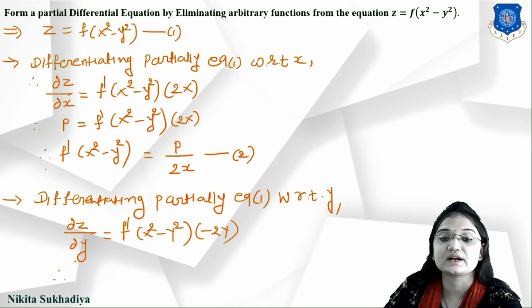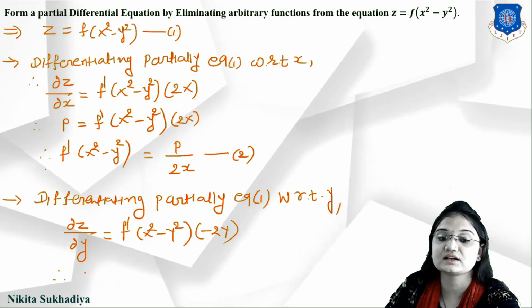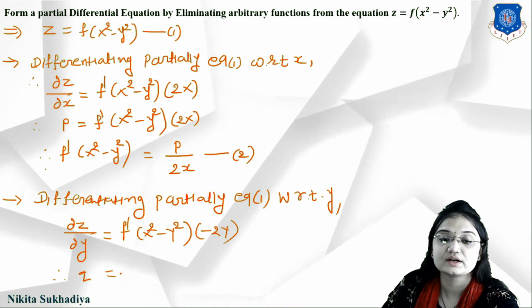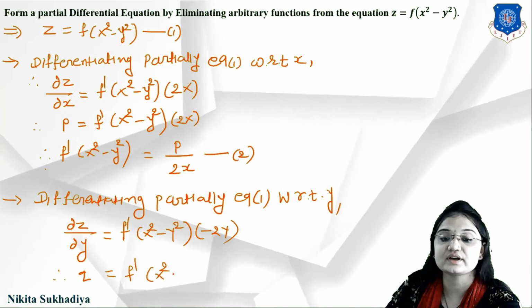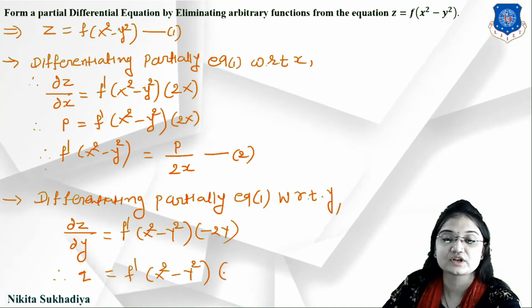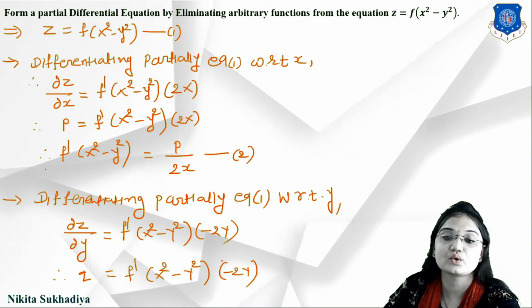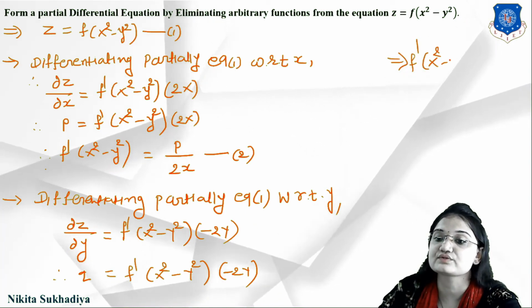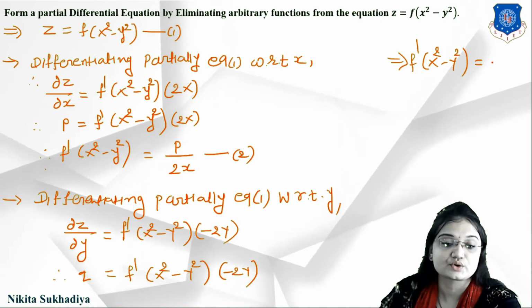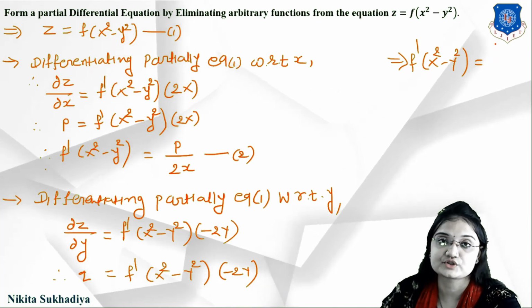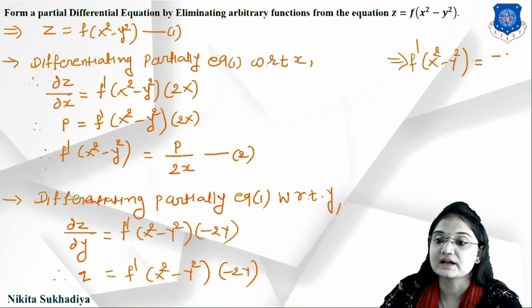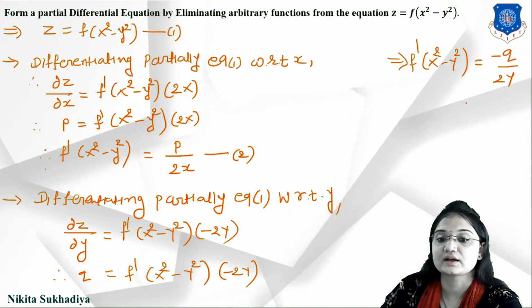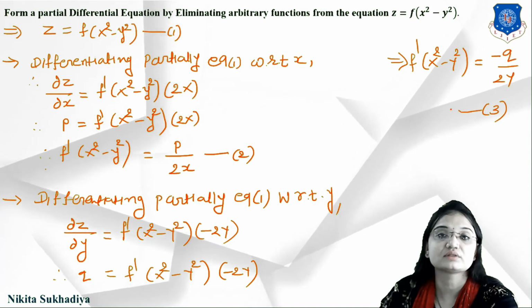And we know that del z by del y is nothing but small q, so small q is equal to f dash of x square minus y square into minus 2y. Okay, now by taking f dash of x square minus y square common, our term will become minus q upon 2y. This is our equation number 3.